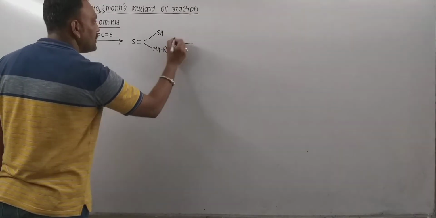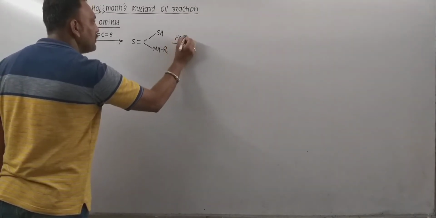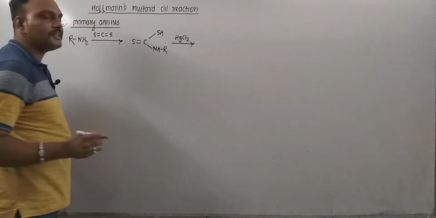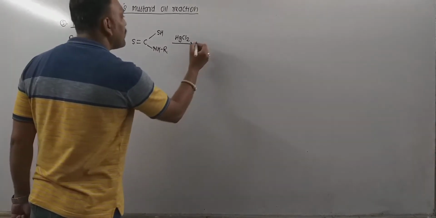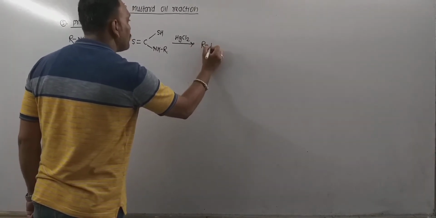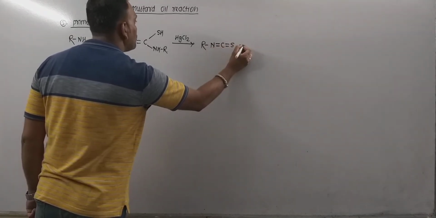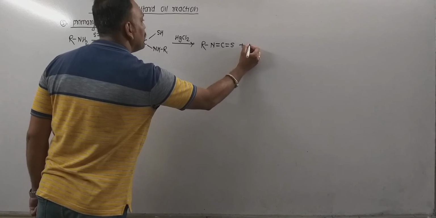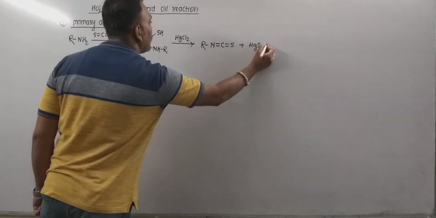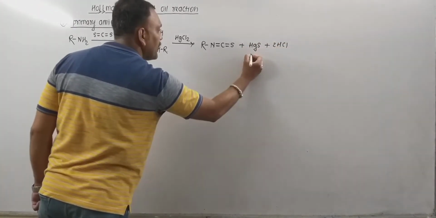Now this is to be further treated with mercuric chloride, that is HgCl2, which in turn leads to the formation of RNCS along with HgS and HCl.